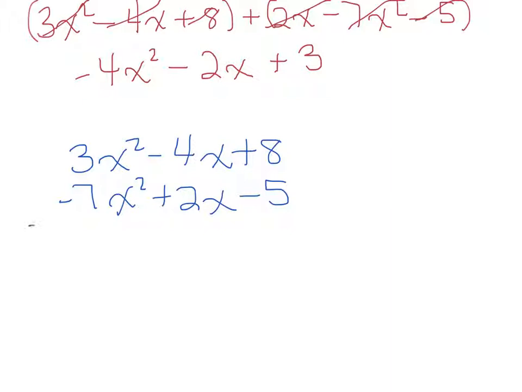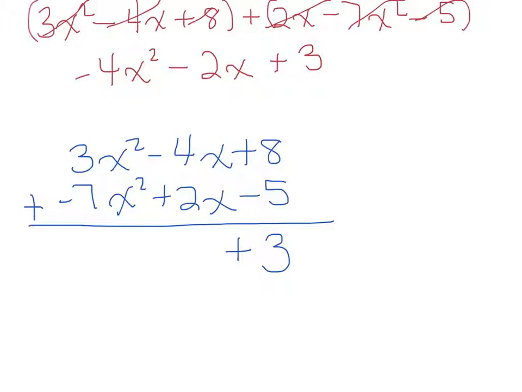So we can do this just like any other addition problem that you do with regular numbers. And you can just go through and add. So when we do addition like this, we usually start on the right and work our way left. So we'll start over here with the constants. And positive 8 minus 5 is 3, positive 3 again.